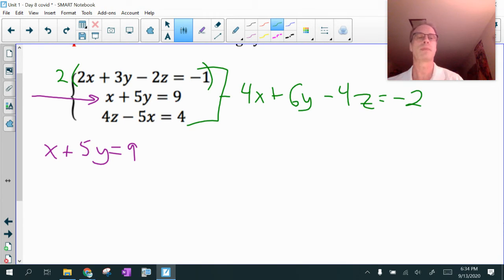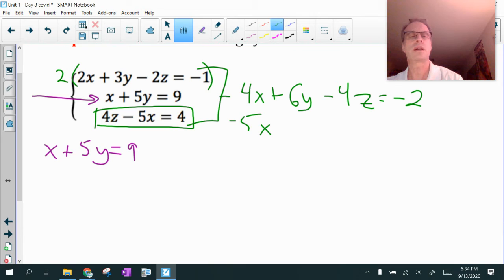So far, so good. Now I'm just going to take this equation as is, but I'm going to line it up so that my x's are under my x's, my y's under my y's, and my z's under my z's. So I'm looking at negative 5x. There is no y. And then I'm looking at positive 4z there.